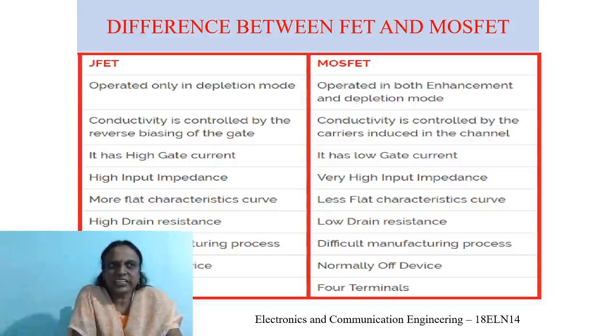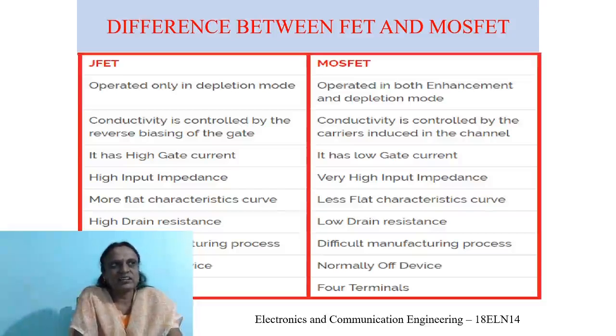This input is like a diode which is reverse biased in a JFET. Naturally, you know that a reverse biased diode junction is like an open circuit, showing ideally infinite impedance. So, the reverse biased gate input of the FET is the cause of its high input impedance.